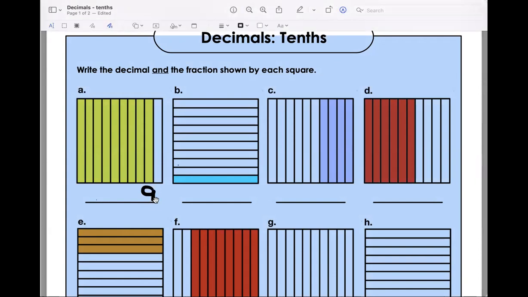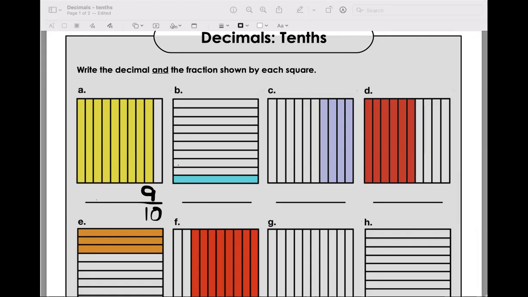So the fraction, therefore, is 9 tenths. As we look at this picture, we know how to arrive at the fraction. We look at how many pieces are shaded and how many total parts there are in this box, and we get our fraction, 9 tenths.